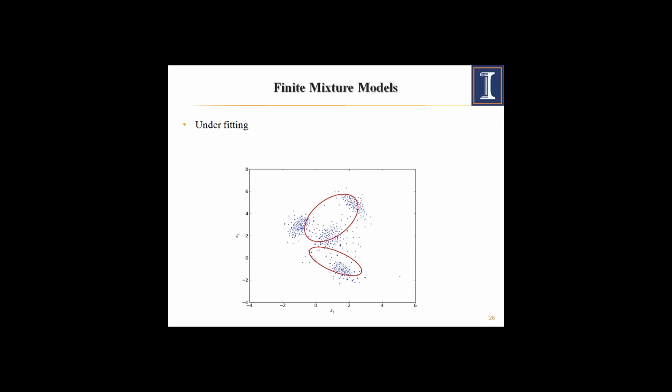If you fix the number of Gaussian distributions, you may be underfitting the data, or it may be overfitting.